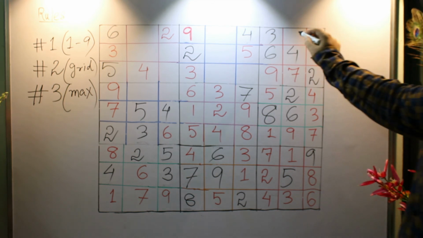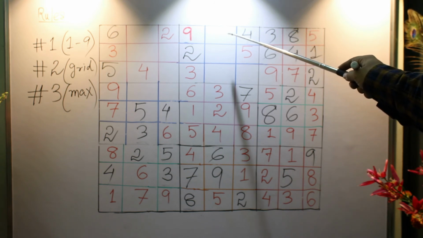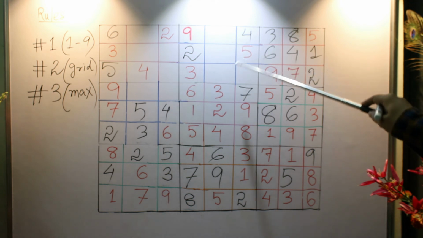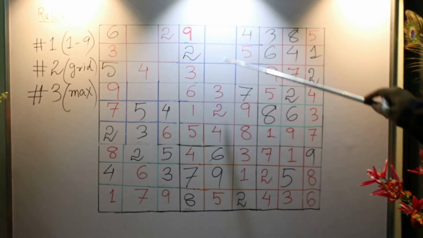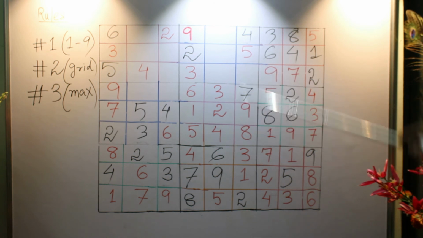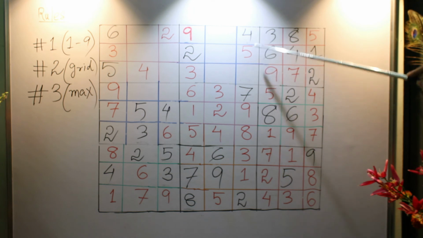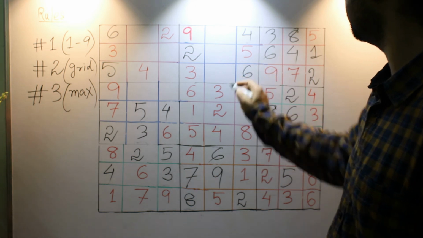It is 8. So for this grid, we cannot place 8 here because of this 8. Okay, you see this column, very easy. One number is missing, and that is 6. Right?